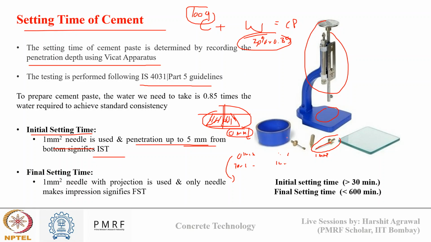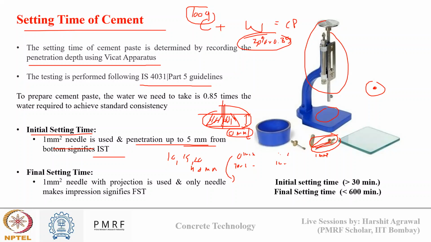And what about final setting time? We will continue to take readings using this needle. Slowly the penetration depth will be 10, then 15, then 20, then slowly it will come out to be 40. This mold height is 40, so penetration is not happening, but it is leaving a mark on the top.